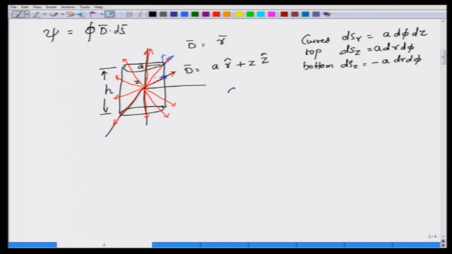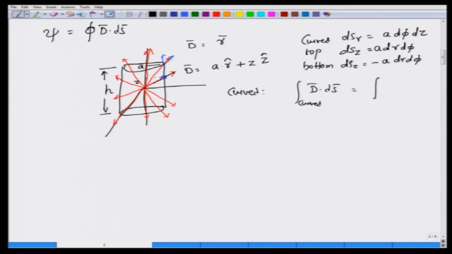So, on the curved surface, we have the value of the D field being given by a r hat plus z z hat. So, the integral of D dot dS on the curved surface becomes an integral where only the r component will be non-zero, because on the curved surface the surface element is directed along the radial direction. And what is the r component of the D field?